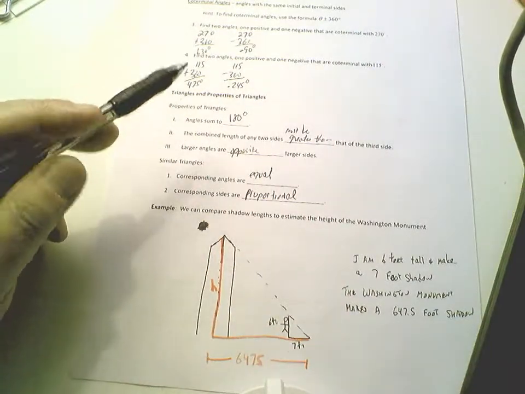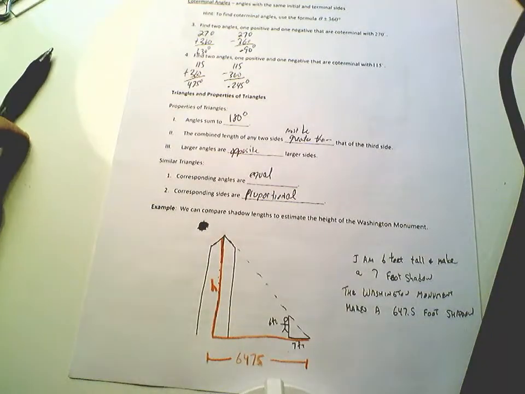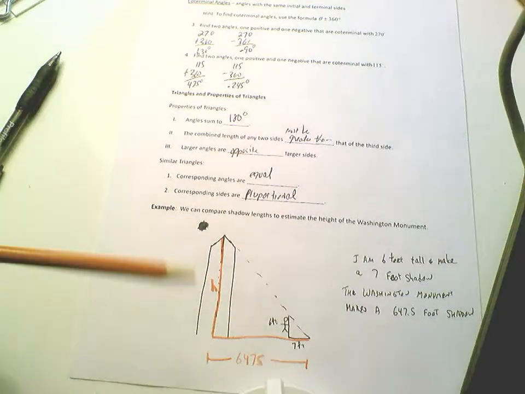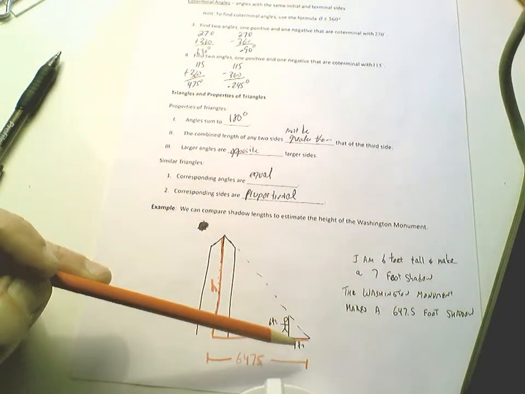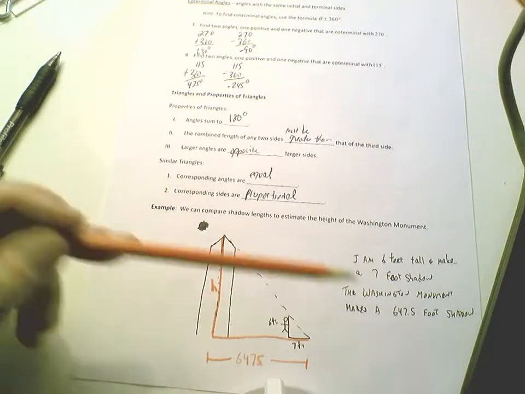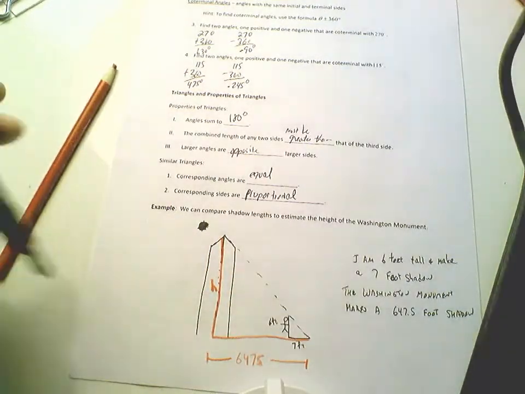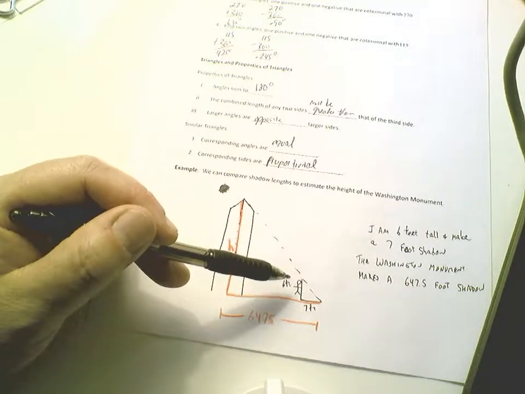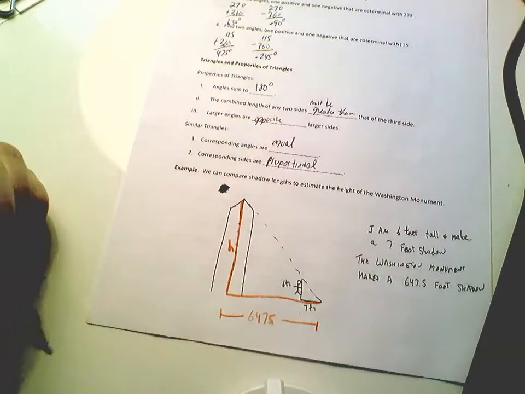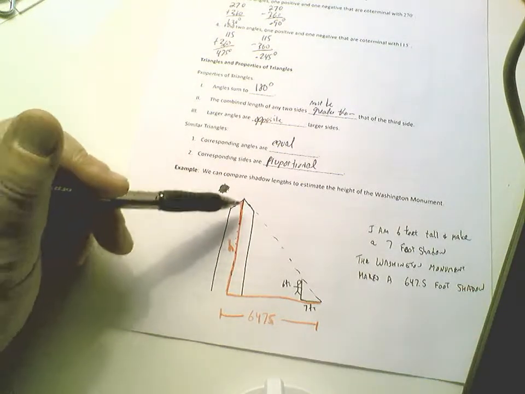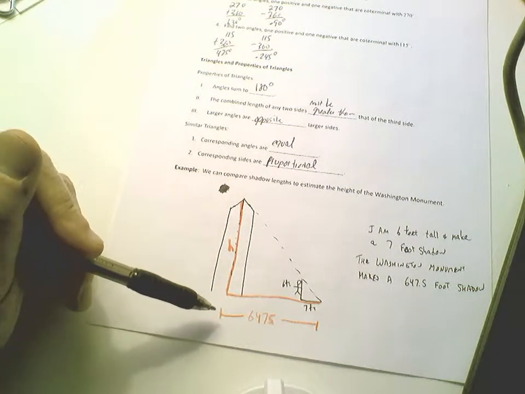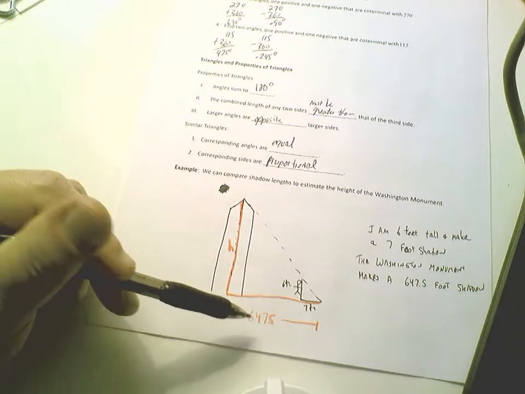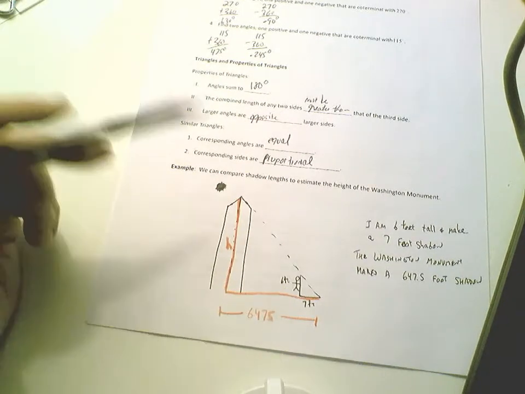So the shadow that the Washington Monument makes and the shadow that I make build similar triangles. With this structure, my 6-foot height generates a 7-foot shadow. The Washington Monument's unknown height generates a shadow that I can measure. I can pace it off and measure 647.5 feet.